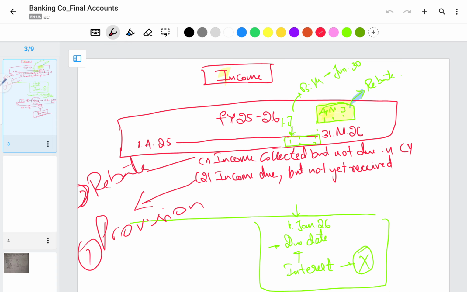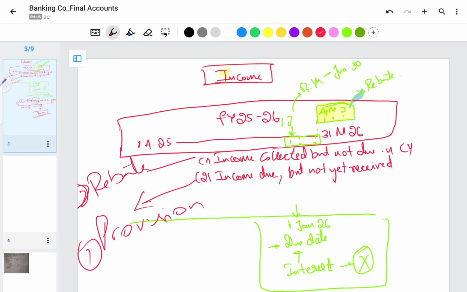Before that, in the last video, we discussed interest of two categories. The first one is income collected but not due in the current year, which means we received next financial year income in the current year. How to treat it, we'll see later.